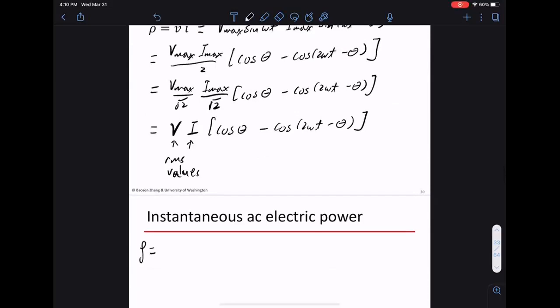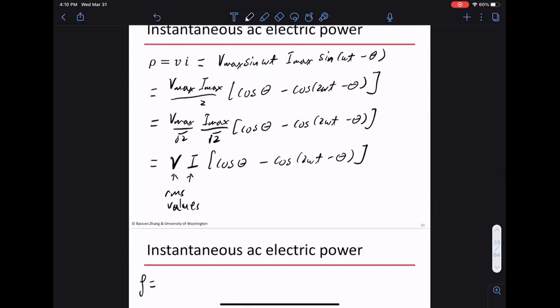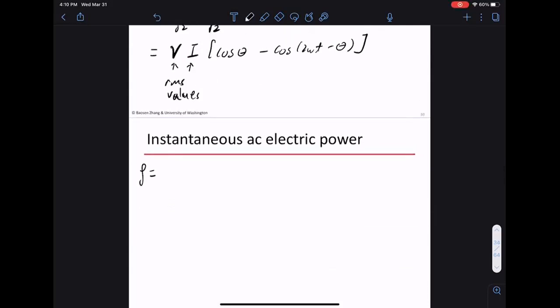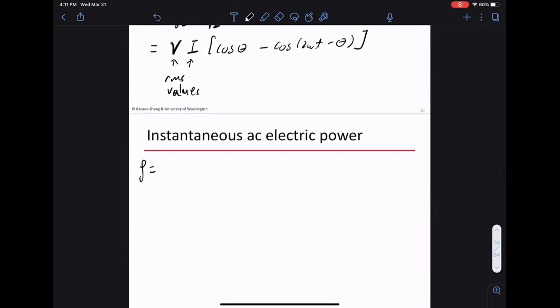If you look at this power, this V times I, this is a Greek letter rho. There's a reason we're not calling this P: we don't want to use P as a symbol for power because we use P for something else. This is VI cosine theta minus VI cosine 2 omega t minus theta.